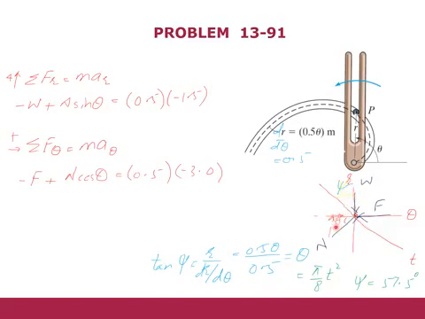You can put the value of psi or theta as 57.5 and solve these equations. When you solve these equations, you will get the force offered by the rod as 4.17 Newton, and the normal force will come out to be 4.8 Newton. So that is how we can solve this problem which involves the cylindrical coordinate system.